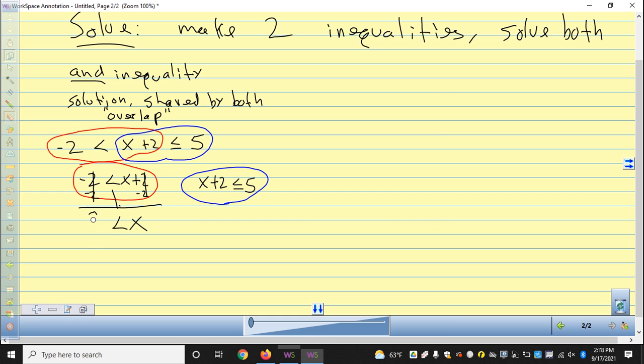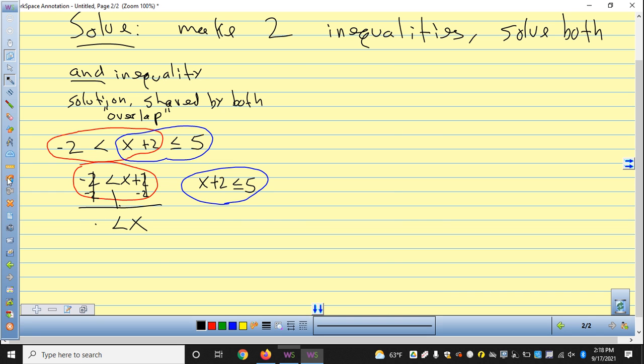I did mess up. Let me get rid of some stuff here. Negative 2 minus 2 is what? Negative 4. There we go. Less than x. These go away. Negative 4 is less than x. That's the solution to this one side.